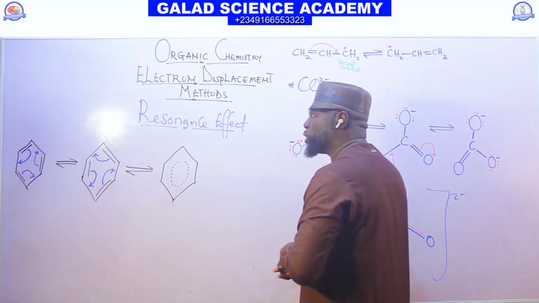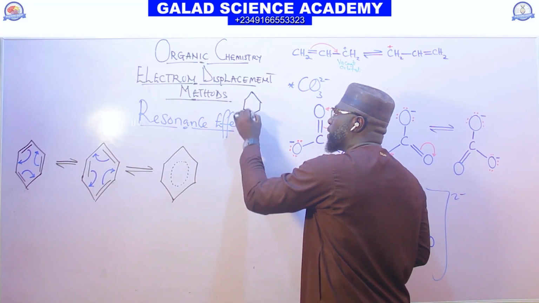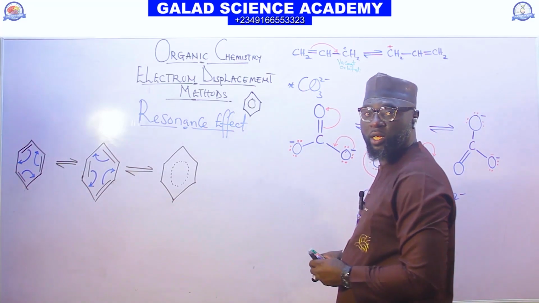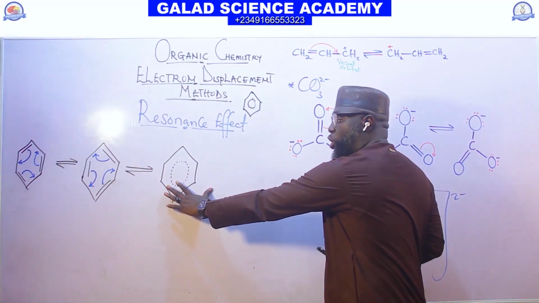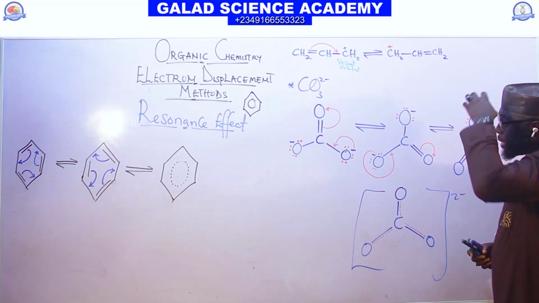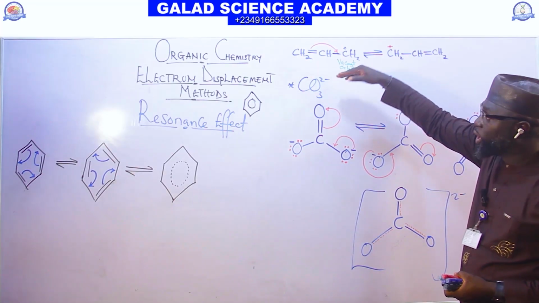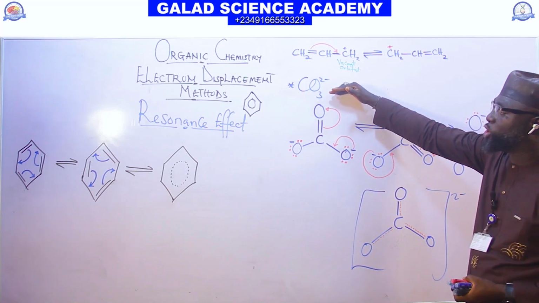That's why, if you want to draw your benzene in this form, put the ring in the middle. This is the hybrid structure of benzene, the way I draw it. So they can ask you how many canonical structures or resonance structures of CO3 we have?